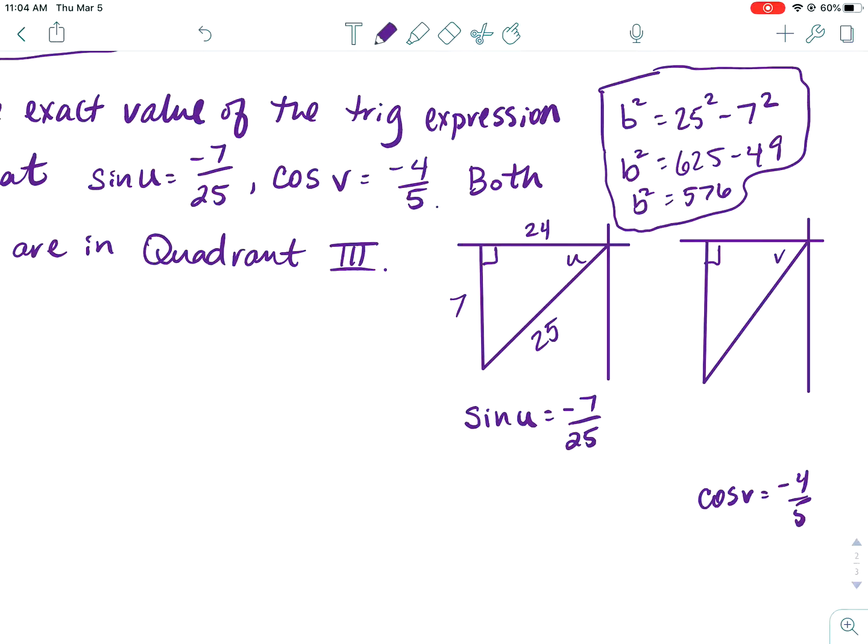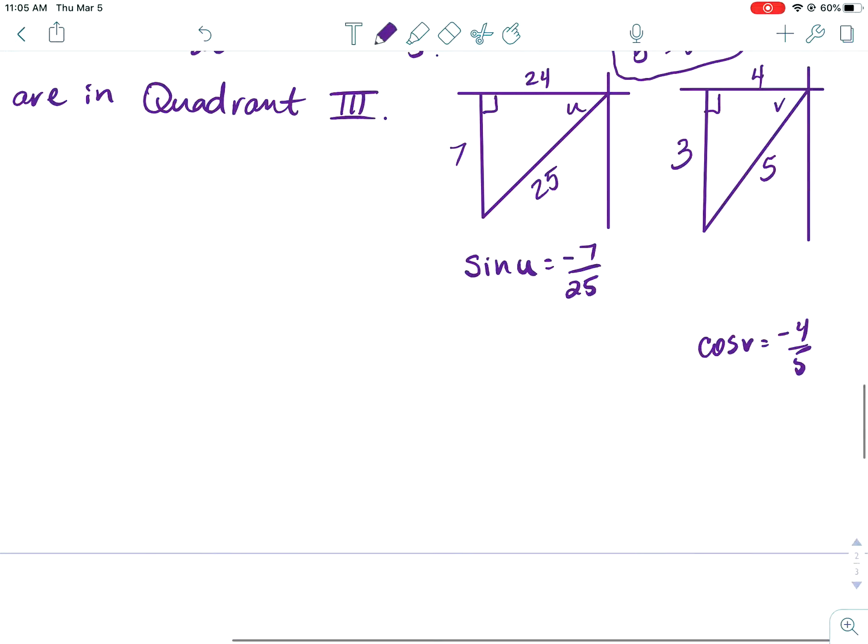So use that to figure out the sides of the triangle, please. And then while we're here, let's just go ahead and find sine, cosine, tangent of u and v.